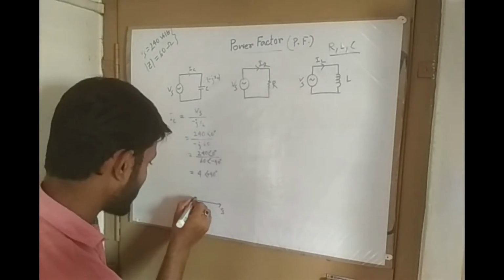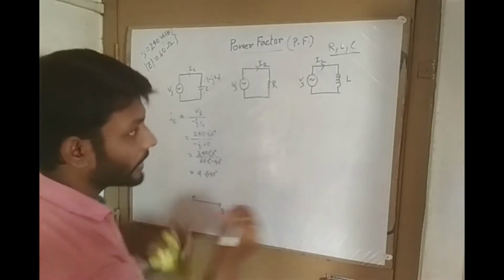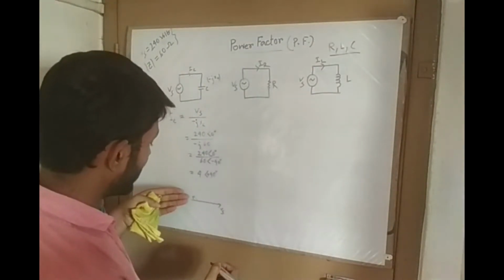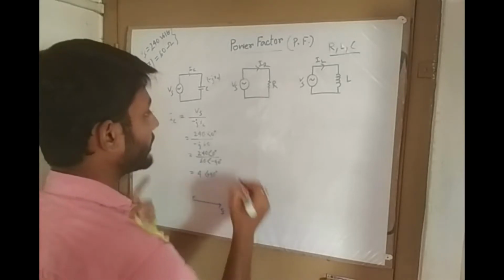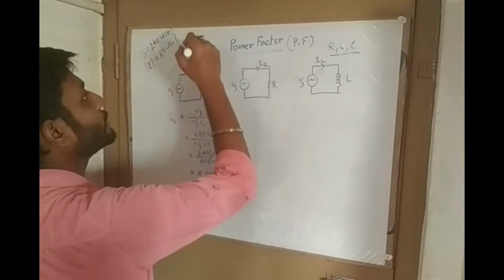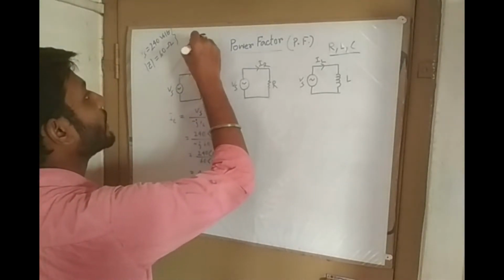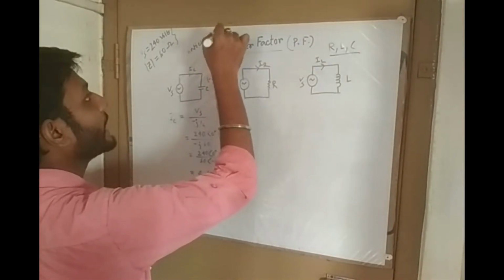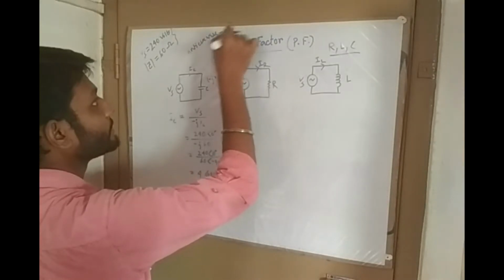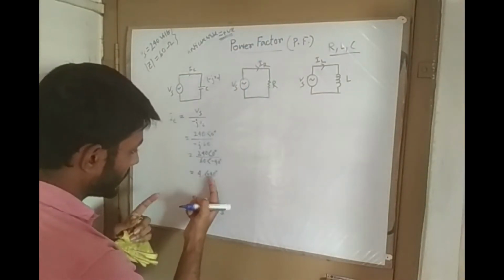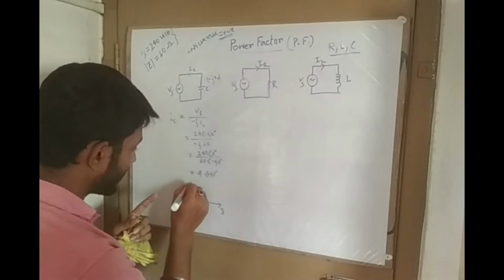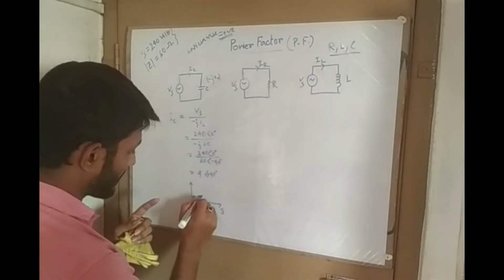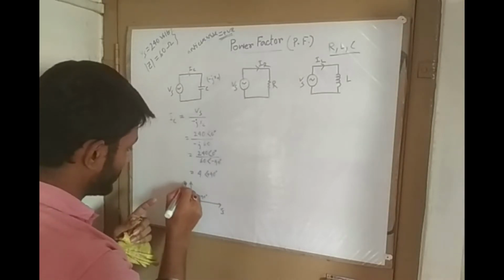Here one thing we have already said in the previous video, that the anticlockwise angle we have assumed is positive. Okay, so plus 90 degree, this is IC.